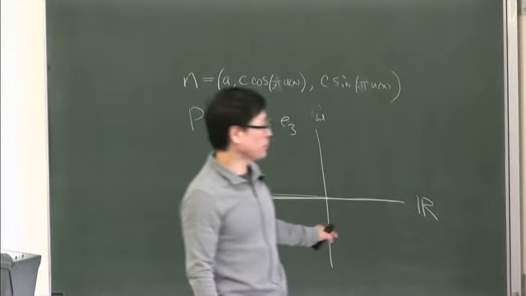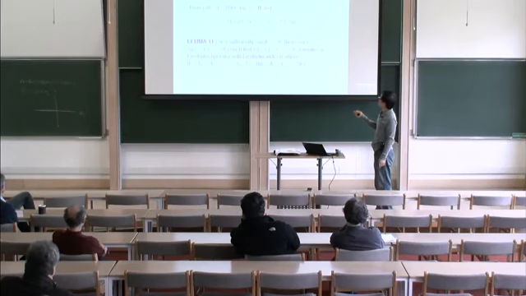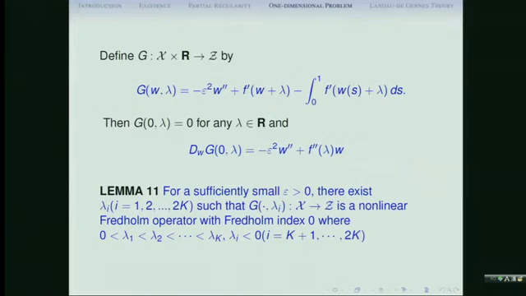This is a good way to start bifurcation analysis. Then I compute the derivative of G with respect to w, and I got these equations. Using the simple eigenvalue bifurcation problem, I can follow the argument of Crandall-Rabinowitz and prove it.